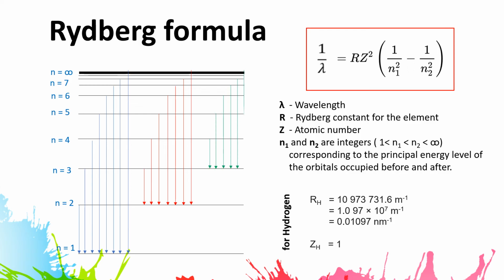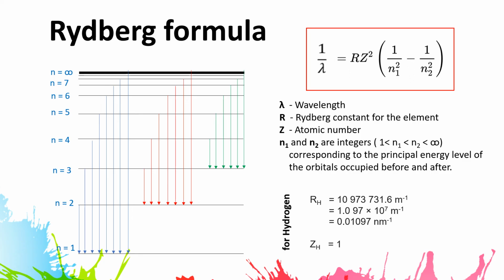Similarly, when electrons move to the third energy level, you can calculate the emitted radiation using N1 as 3. Therefore, any movement of electrons from a higher energy level to a lower energy level can emit radiation, and you can calculate the emitted radiation wavelength using this Rydberg formula.